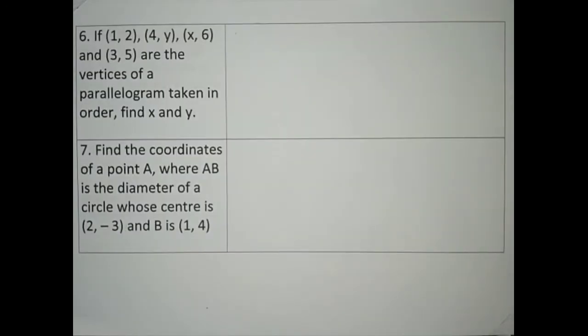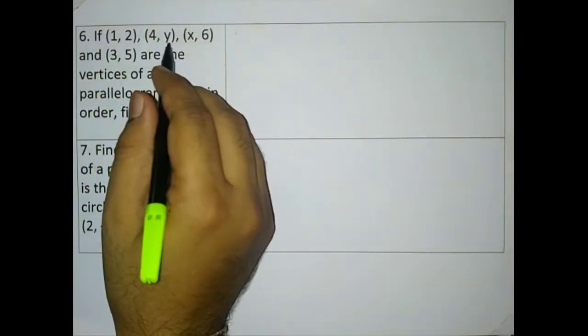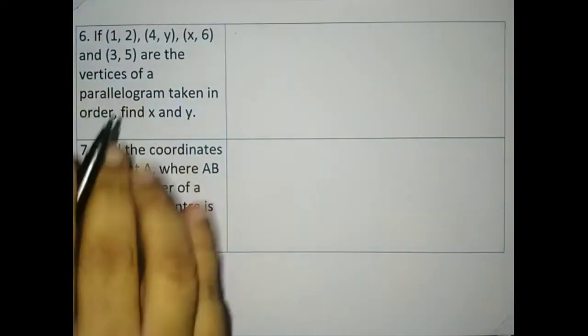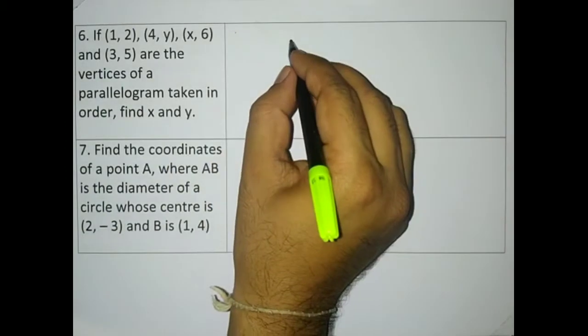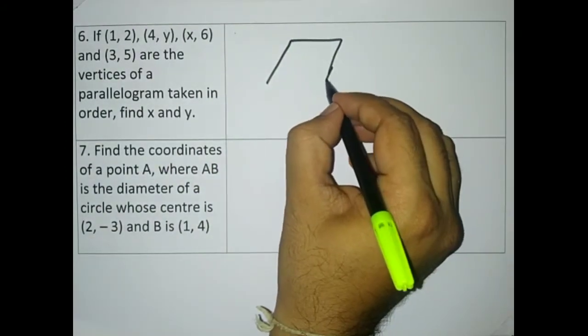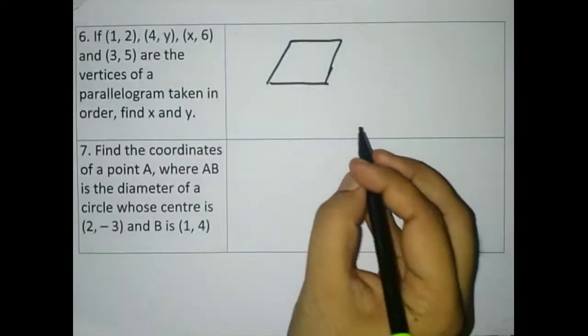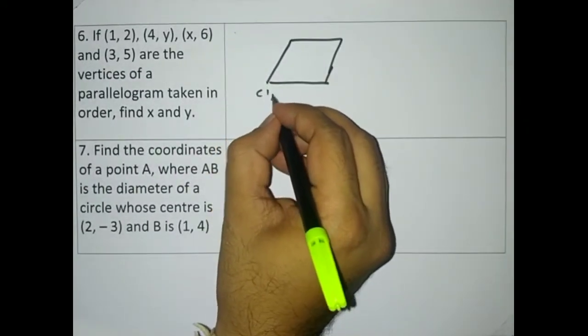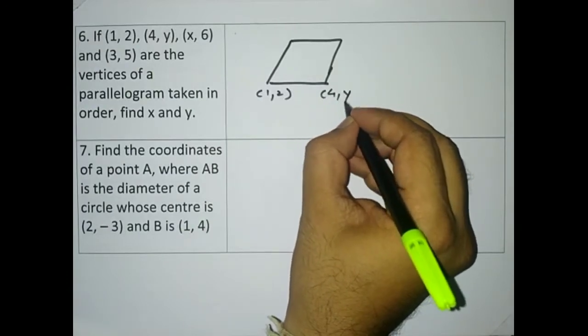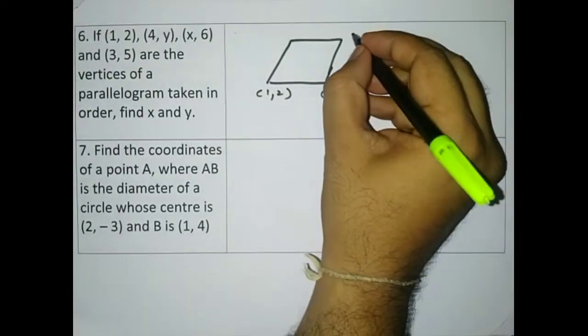Now I am going to give you hints for a few questions and you have to complete those questions. Like question number 6 of exercise 7.2 says, if these 4 points are the vertices of a parallelogram, you need to find x and y. Children, in case of a parallelogram, always remember one thing, as we have studied in class 9th also, that the diagonals bisect each other.